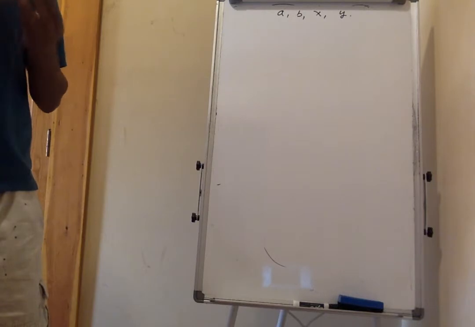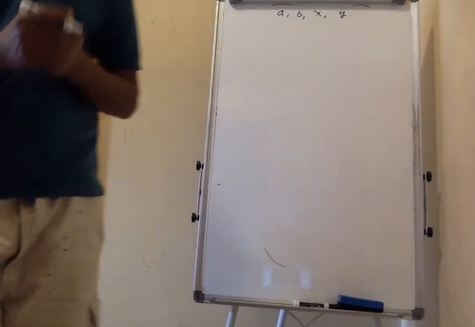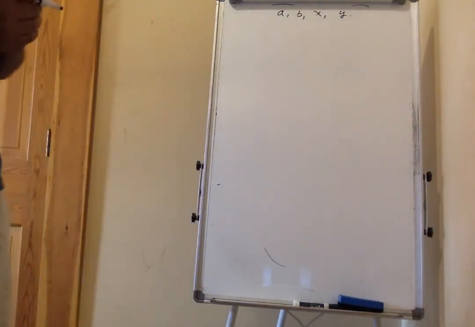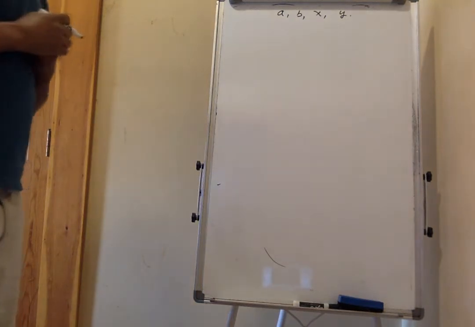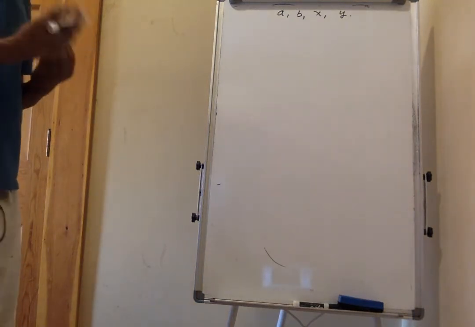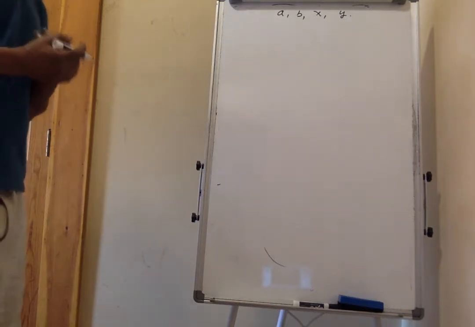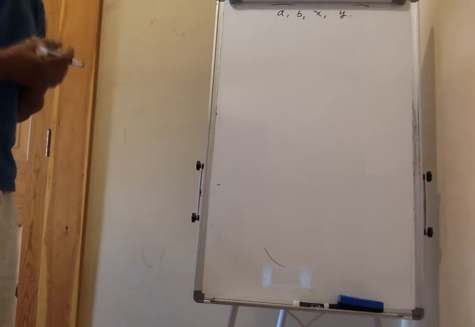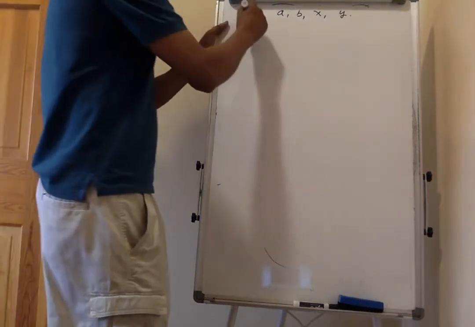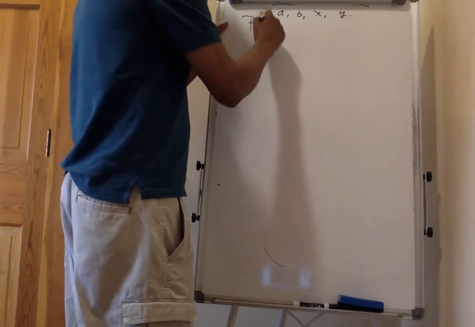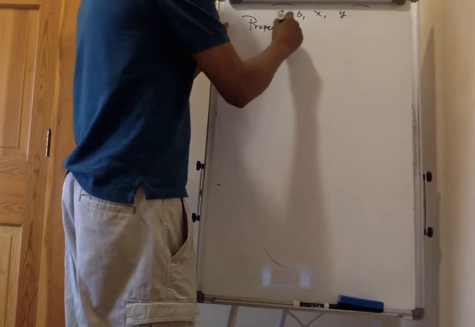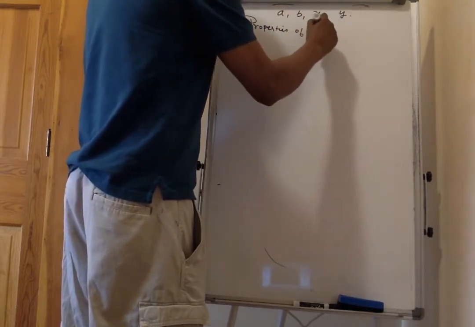From here on, when we are talking about numbers, we're talking about real numbers, right? And we might as well start defining certain properties of real numbers. Okay. Properties of real numbers.